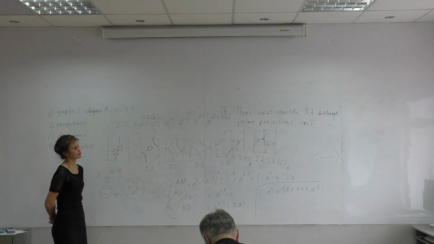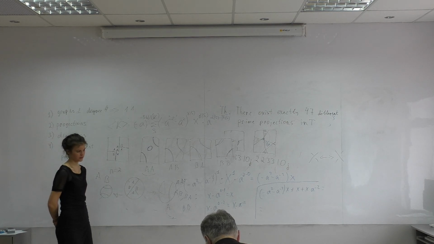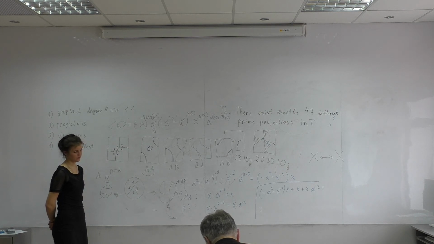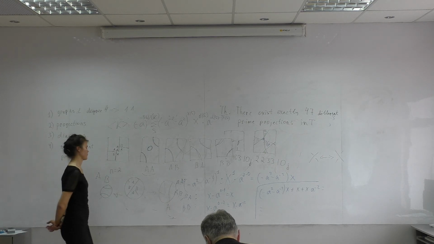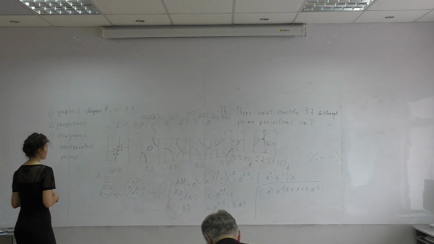All diagrams in our table have different normalized Kauffman brackets. How many in total then? There exist exactly 19.